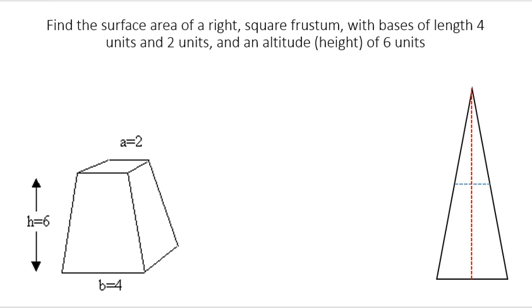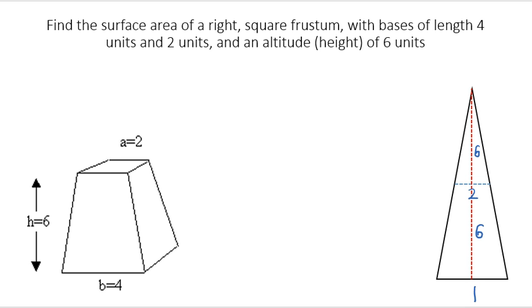This is the same example. From what we found when finding volume, we know the height of this portion is 6, and this top portion we found was also 6. We know this bottom base is 4 and this top base is 2.